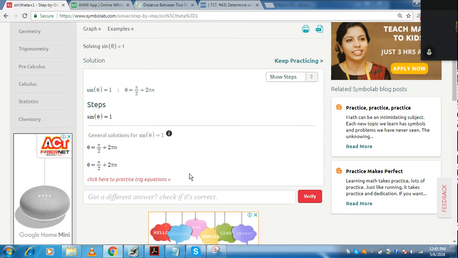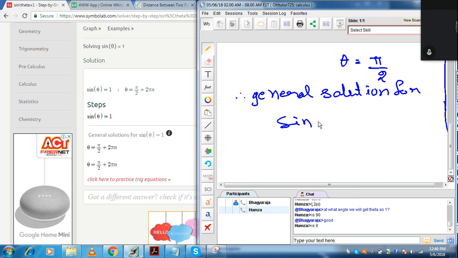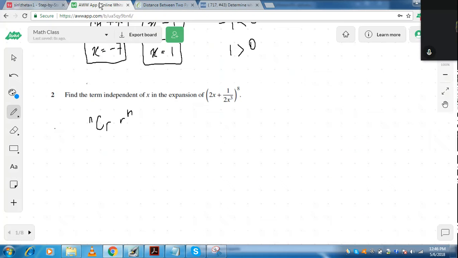Not clear, I think it's r. r minus n. n minus r, nCr x power n, r power n minus 1. n minus r will be correct.